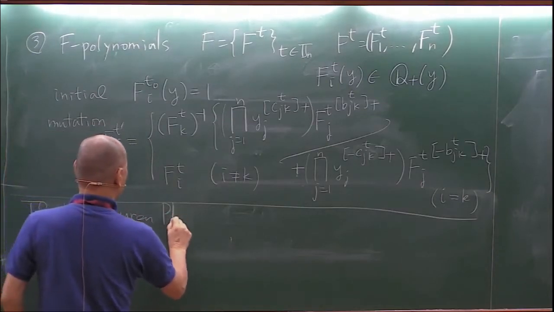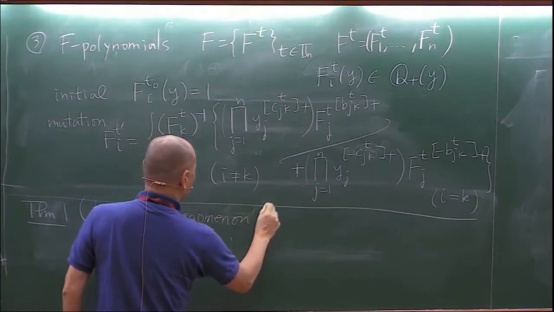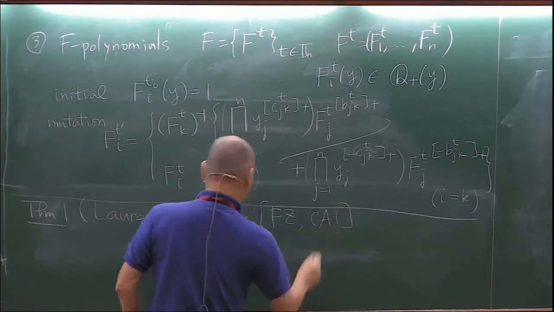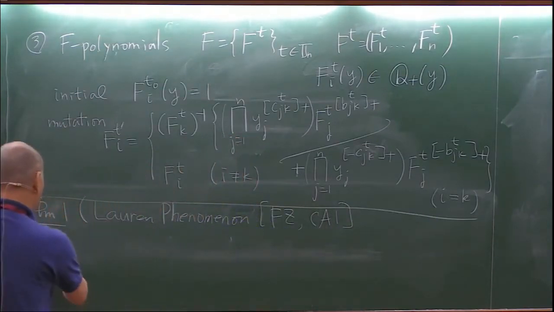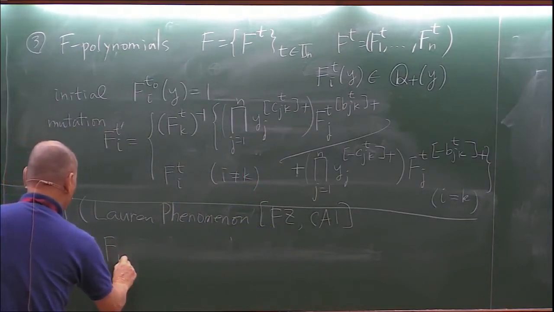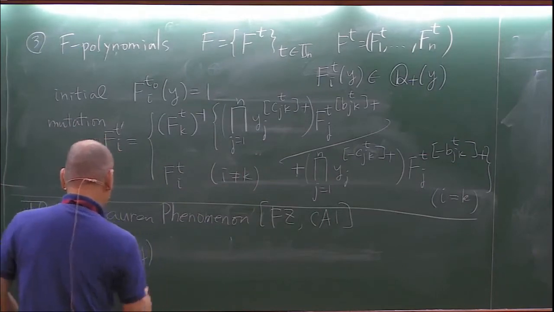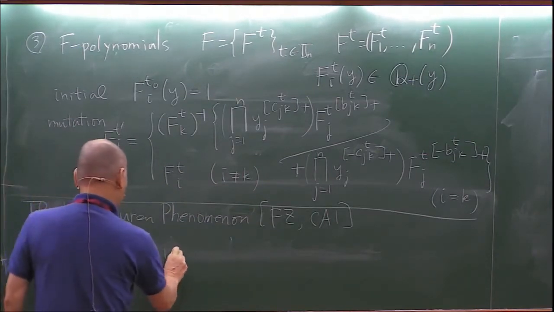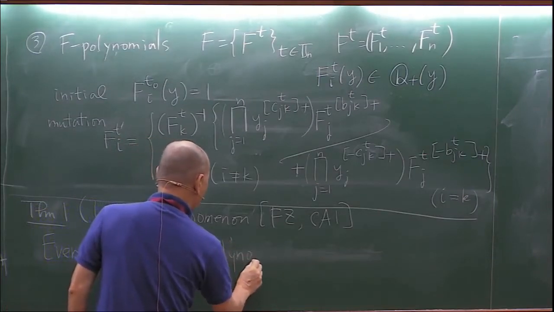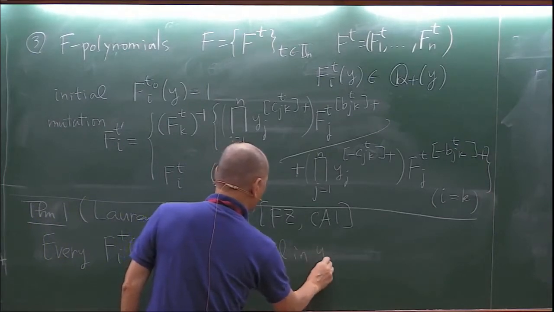In this context, this is the result by Fomin–Zelevinsky, Cluster Algebras I, that every such rational function with positive expression f_i,t(y) is indeed a polynomial in y.